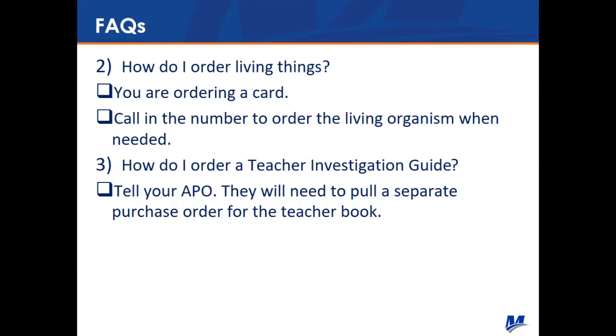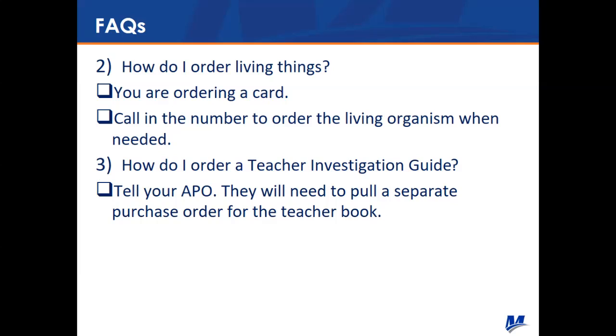Finally, the last question I receive is, how do I order a teacher investigation guide? While we have FOSS Web and we can access the entire spiral-bound teacher investigation guide and also the soft-bound teacher resource book online, having it in print is extremely valuable.